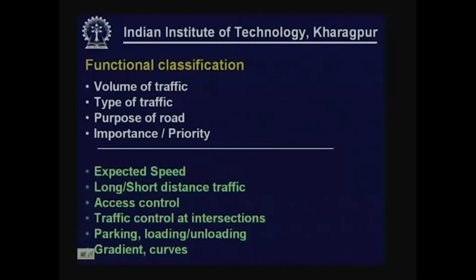Similarly, we can also define whether parking is allowed, loading and unloading is allowed, and what kind of gradients and curves are permissible. Based on these criteria or elements, we can classify the road system.